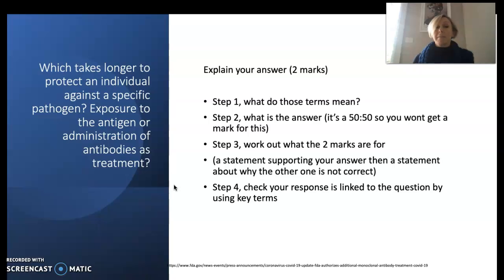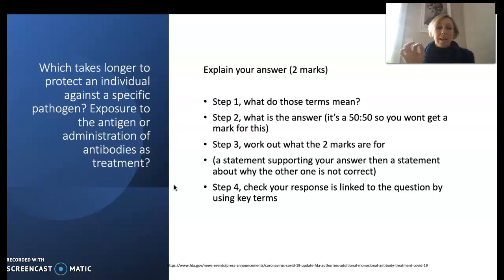It will provide immediate treatment, so it will deal with the pathogen and protect the individual immediately, whereas the other one is much slower. But that immediate protection will vanish after an amount of time because free antibodies don't circulate in your system for very long. Make sure that you have included in your answer the words that describe the type of immunity.